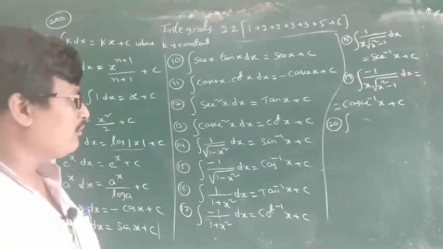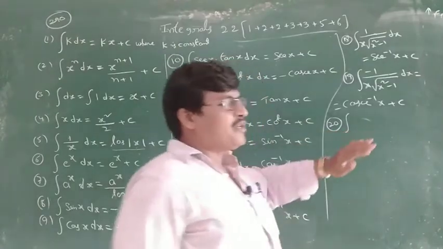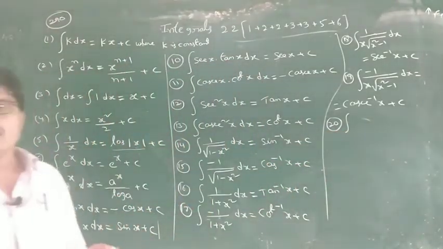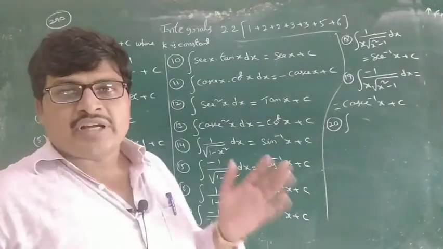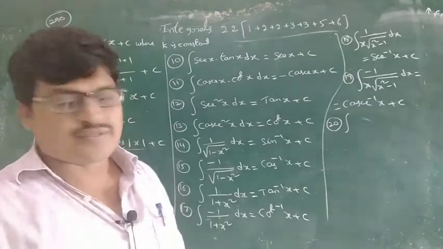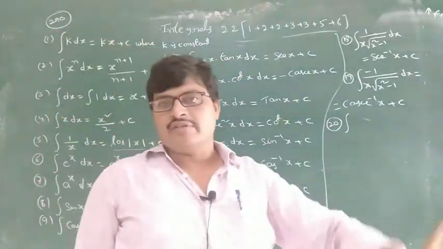You have to leave them because there are not only 20 formulas in integrations, there are so many formulas. All formulas you can write in one place, line by line, up to 50 or 60 formulas.